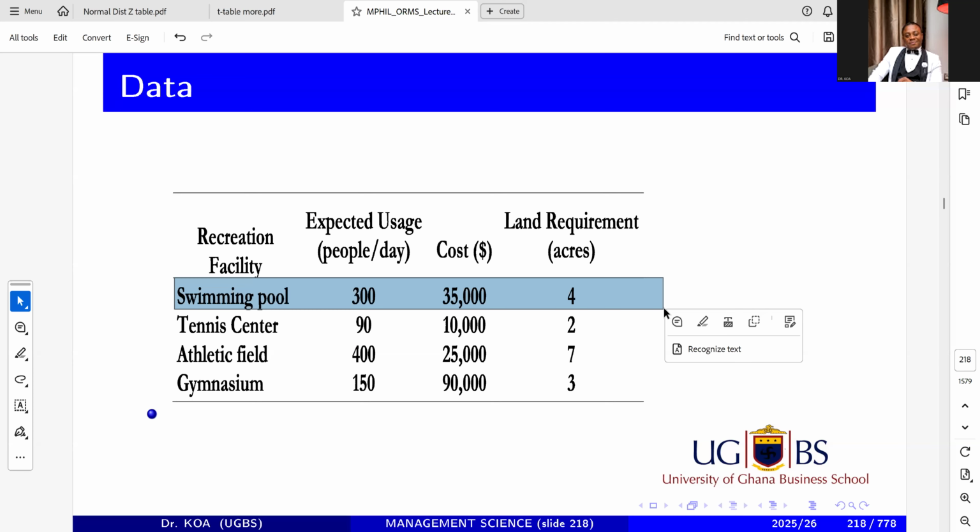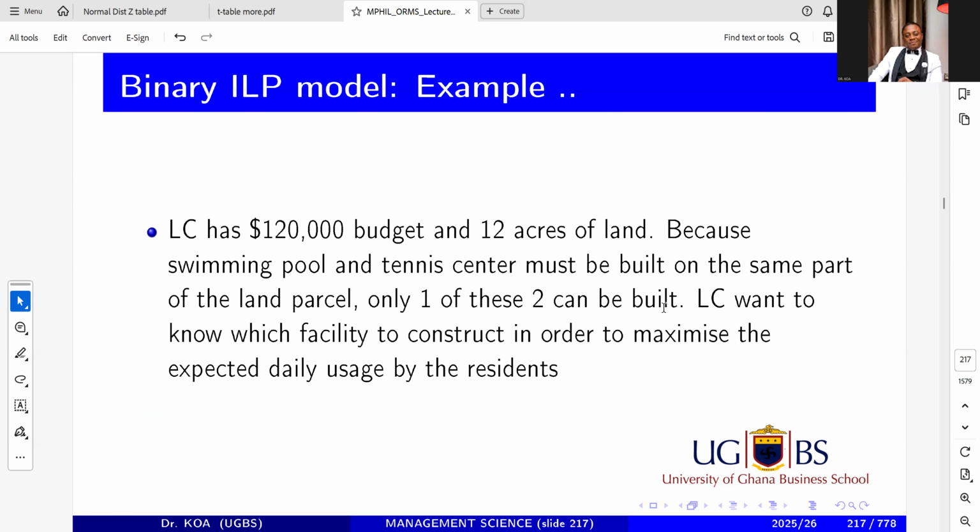As an example, if they decide to build a swimming pool, this will reach 300 people a day. In other words, 300 people participate in the swimming pool. But that will cost $35,000 and require 4 acres of land. If it is a gymnasium, it will require 150 people to use it a day, the cost is 90,000, and the land requirement is 3 acres. Now, Legon Council has a 120,000 budget and 12 acres of land.